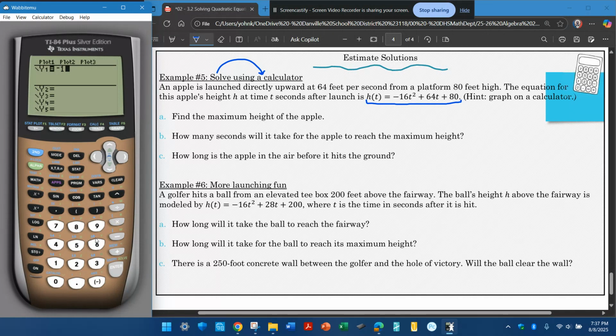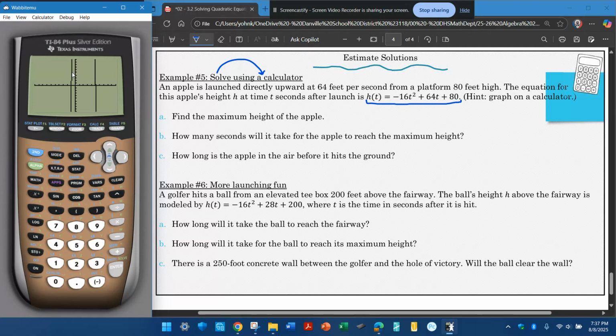Negative 16. Now notice that it says t squared in the problem, but we're still going to use an x. And even though there's a capital T on your calculator, don't worry about that. We're always just going to think of this as an x button. Maybe when you're in higher up math classes in college, you may use the other values there, but not for us. Okay, so if we type the equation in and we graph it, we're not going to be able to see a ton of it.